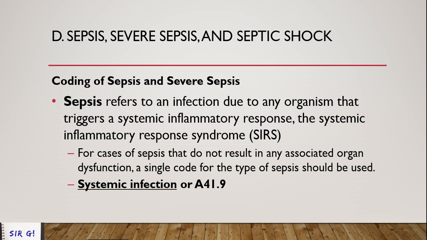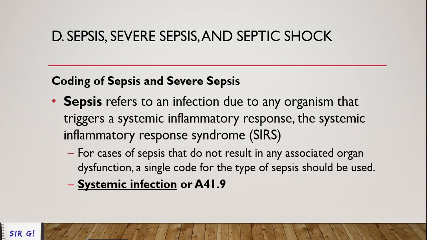Okay? So keep in mind that if the condition is just a sepsis or a systemic infection and there's no associated organ dysfunction yet, you need to have a single code only, which is your A41.9 if the organism that causes the sepsis is not yet specified. But if they already tell you the specific systemic infection, which rarely happens, you need to code for that systemic infection.